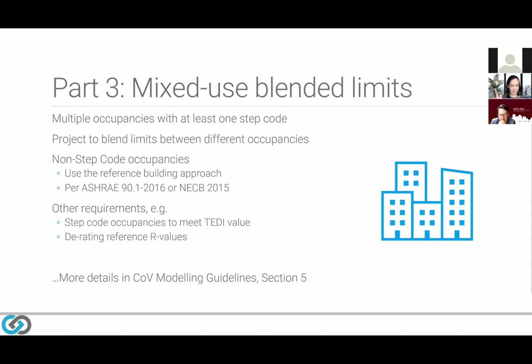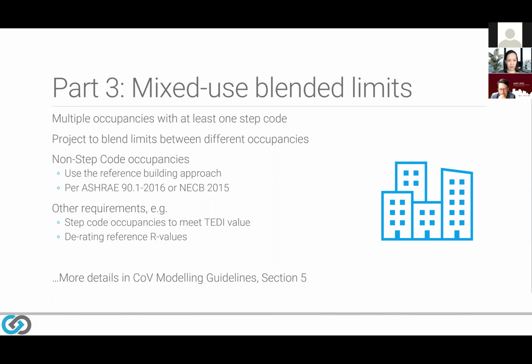So your office has to have a step code model, and then your warehouse portion needs to use the reference building approach. Currently that is allowed under either ASHRAE 90.1 2016 or NECB 2015. That reference building is then used to determine the reference TUI and TEDI limit, and that's then blended with your office limits, your step code ones. So it can get a little more convoluted under those types of scenarios.